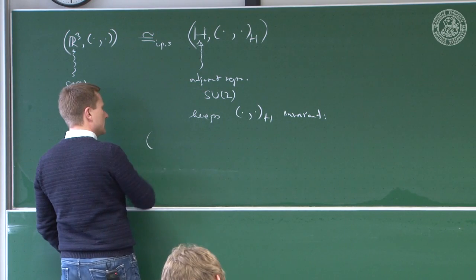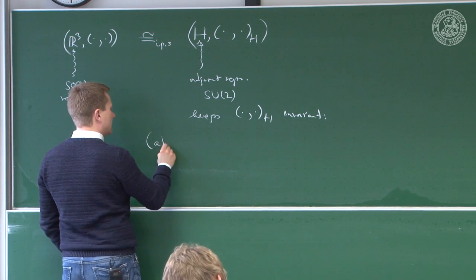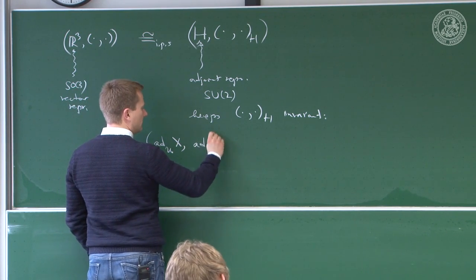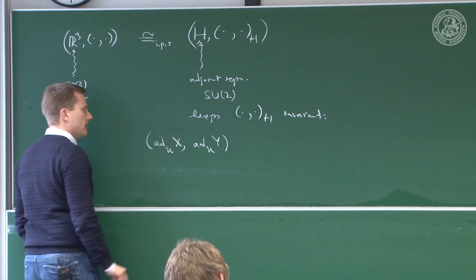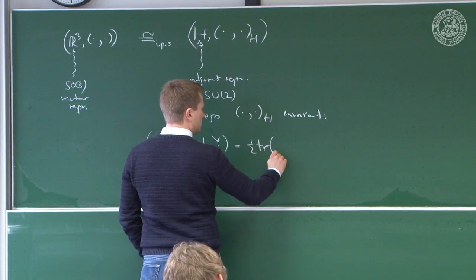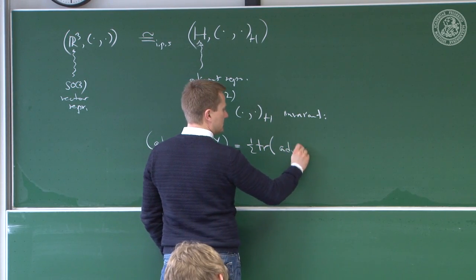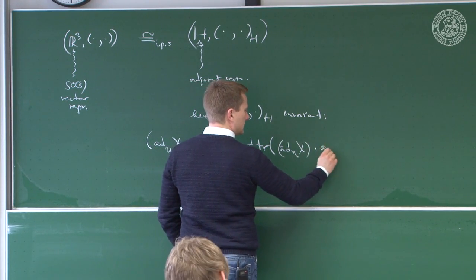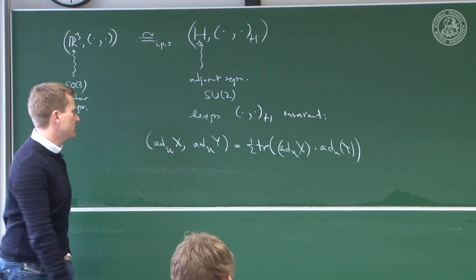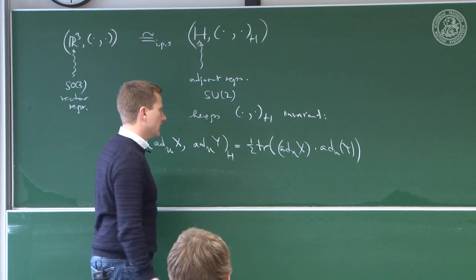Because, well, let's look at it. We take Ad u acting on some x, Ad u acting on some y. Well, this is, of course, 1/2 trace of Ad u on x times Ad u on y, because that's the definition of this H product.